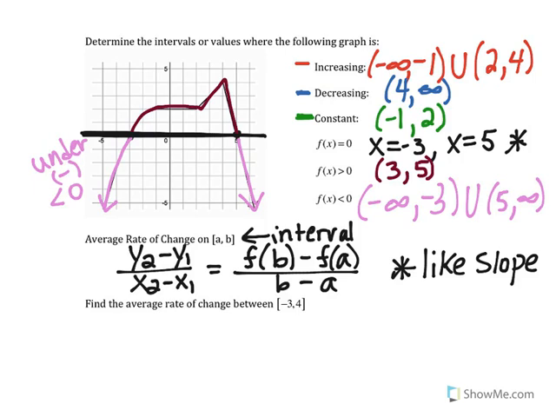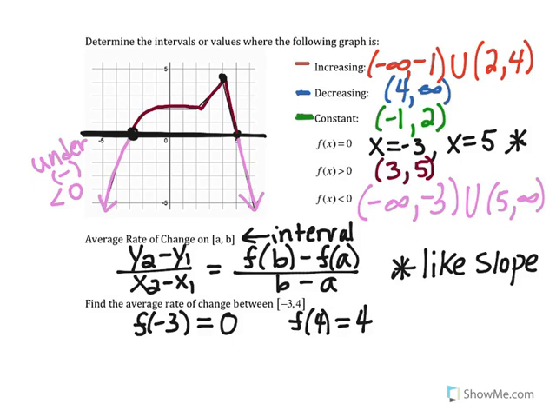Alright, so to find the average rate of change between -3 and 4, we're really looking at those 2 values. So you can go to the graph and look at the points. If we do f of -3, that value is 0. We already know that because that's one of our points that worked. And then if we do f of 4, we're going to get 4.